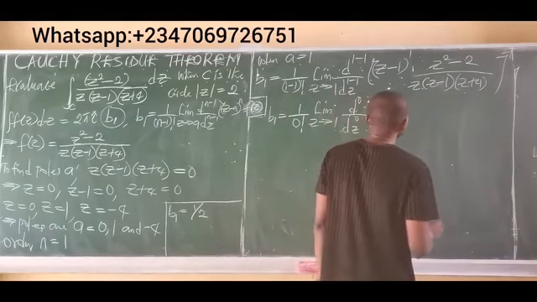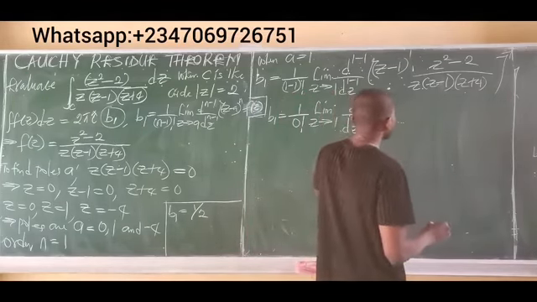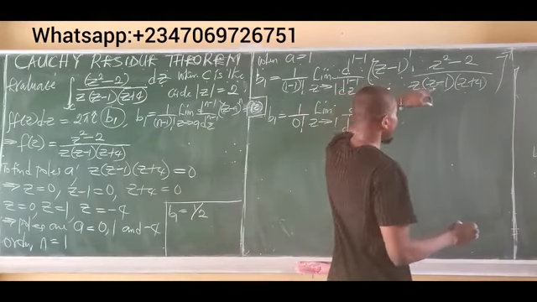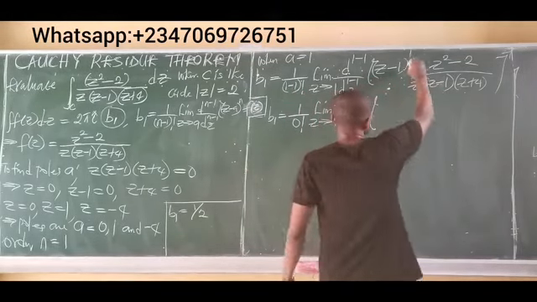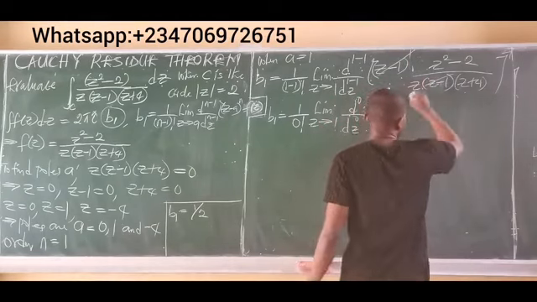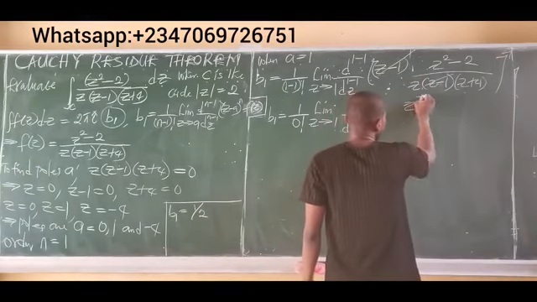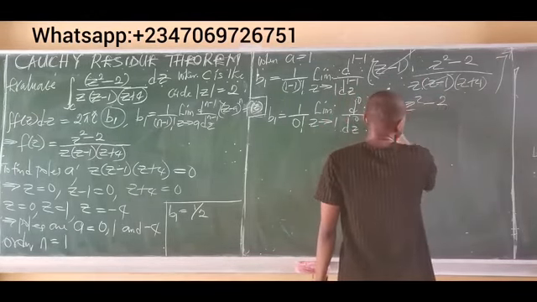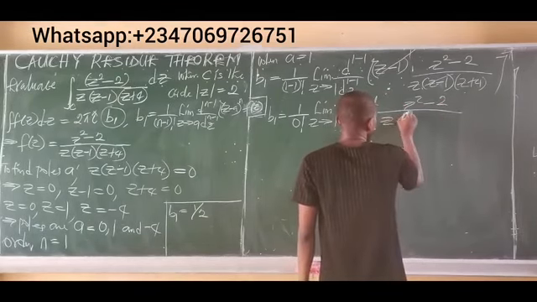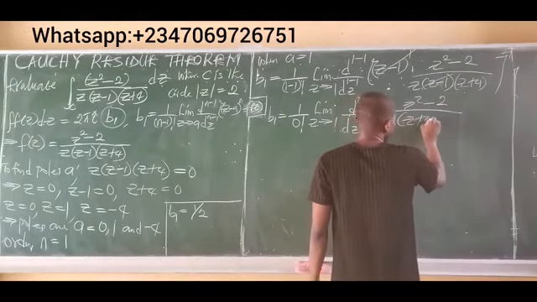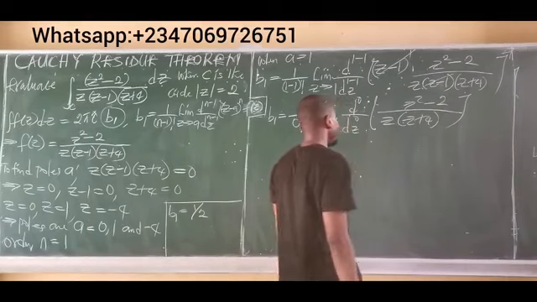From here you observe that z minus 1 and z minus 1 can strike. So z minus 1 strikes z minus 1, and I am now left with z squared minus 2 all over z into z plus 4. You have this.